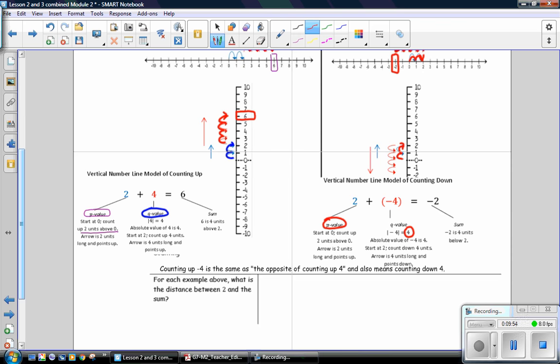So from here we go 1, 2, 3, 4 down, and where we end up is the sum. And so our answer is -2, and negative 2 is 4 units below 2. So counting up negative 4 is the same as the opposite of counting up 4, and it also means counting down 4.